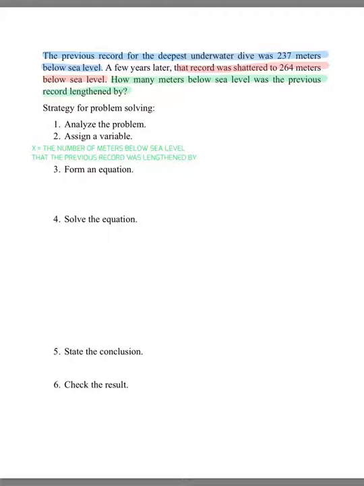So we're working with sea levels, so I'm going to draw some waves to represent sea level. And then we also know that the previous record for the deepest underwater dive was 237 meters below sea level. So I'm going to draw a diver, and this diver is 237 meters below sea level.